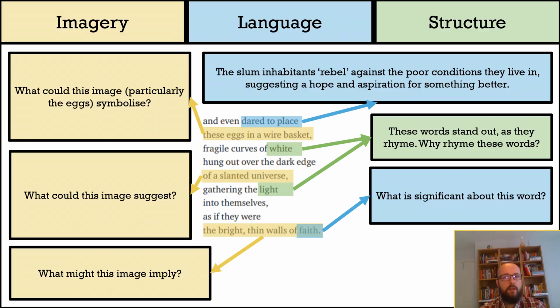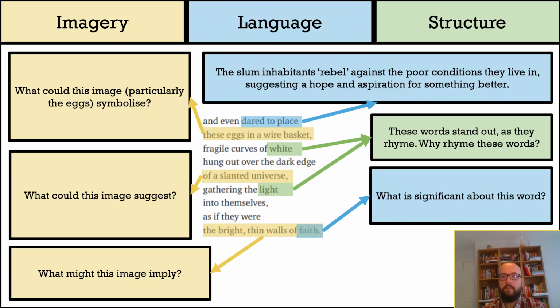Right, so first of all, we see that somebody has dared to place eggs in a wire basket in their living space. "Dared" is an interesting verb choice, as it suggests that someone is rebelling or going against someone or something's control.